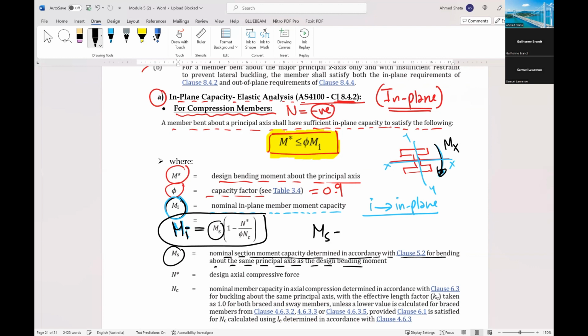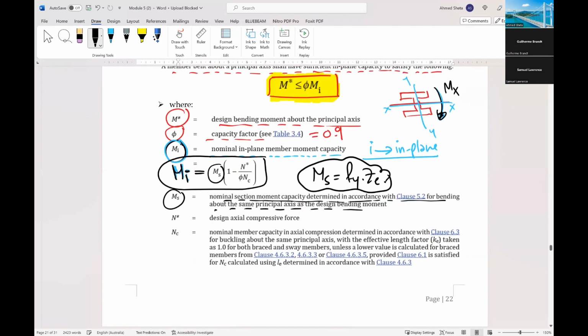Again, Ms equals f yield times Z effective. We have used this before.